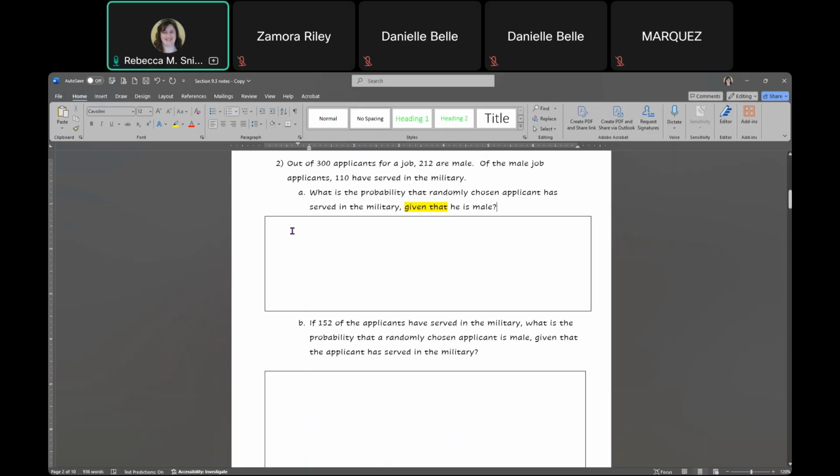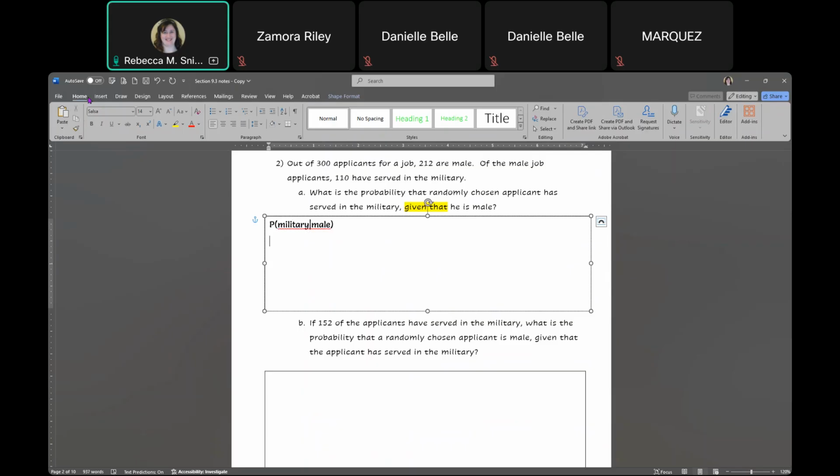So here, when we think about what it is we're really looking for, we are looking for the probability that you are military given that you are male. Okay, so that is the conditional probability we're trying to calculate. In order to get there, we have to separate our two probabilities into their pieces.